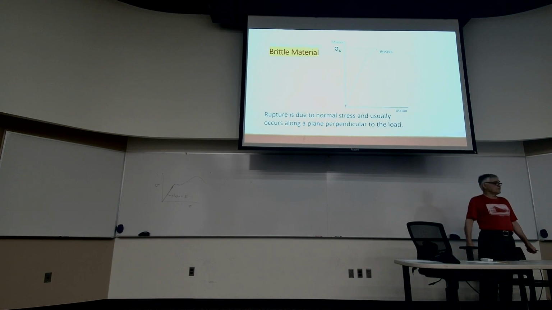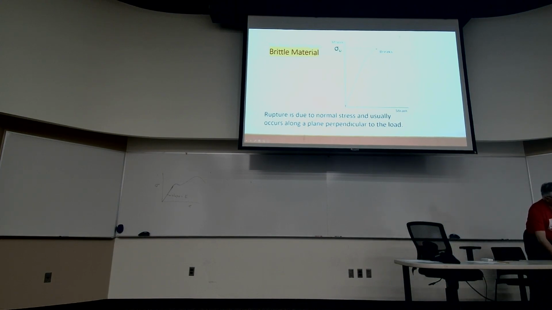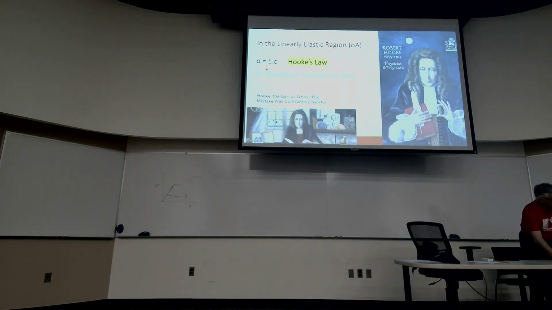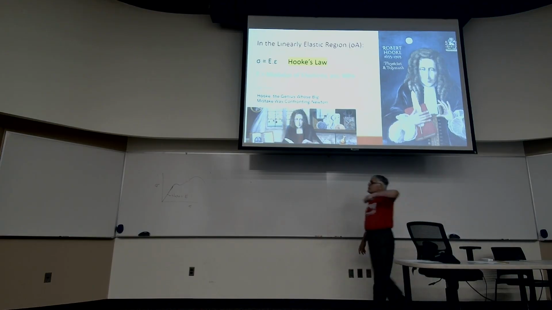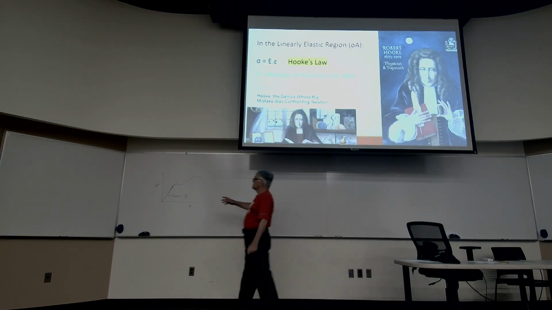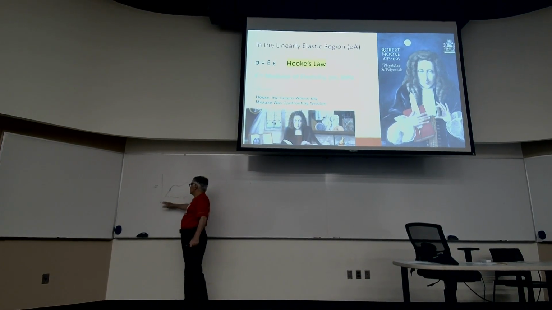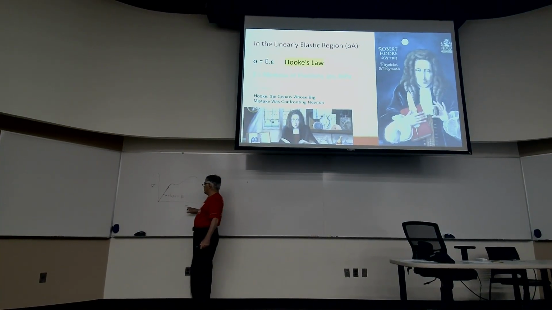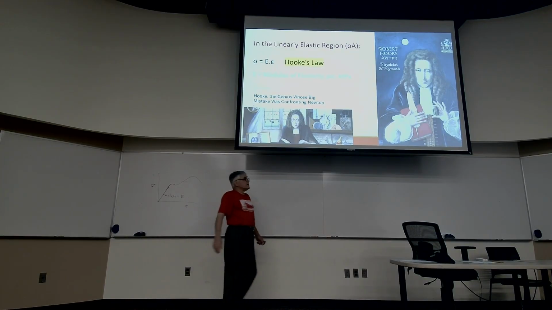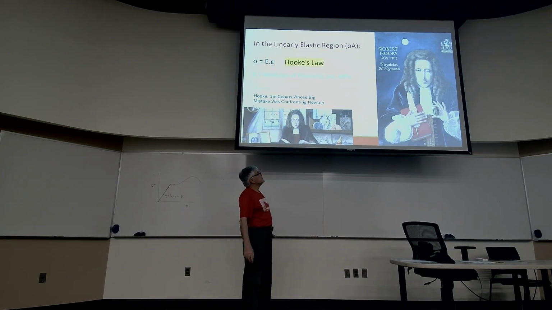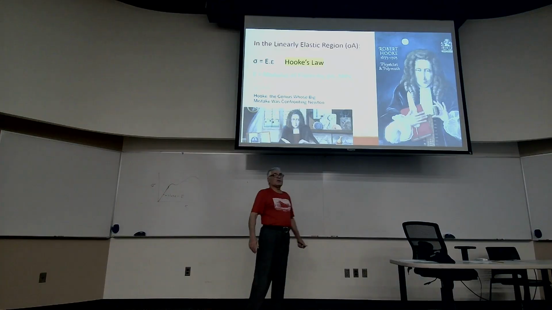So sigma U is here, and this is Hooke's law. Sigma is E times epsilon again. For a straight line like this, sigma is E times epsilon, where E is the slope of this line. That's called Hooke's law.